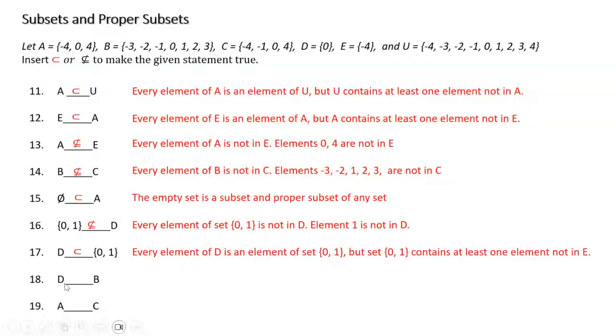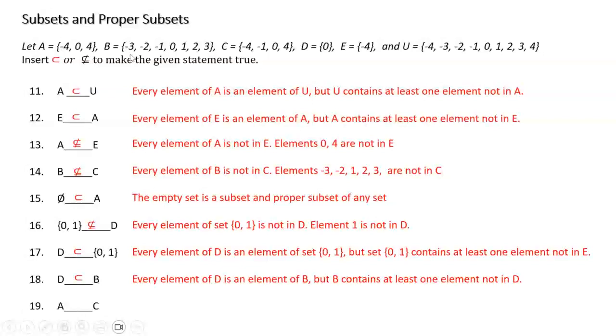Number 18, we have D and B. So this is my D, which is a set containing 0, and B is a set containing the integers from -3 to 3. So this will be the first symbol, which is a proper subset, because every element of D is an element of B. Okay.